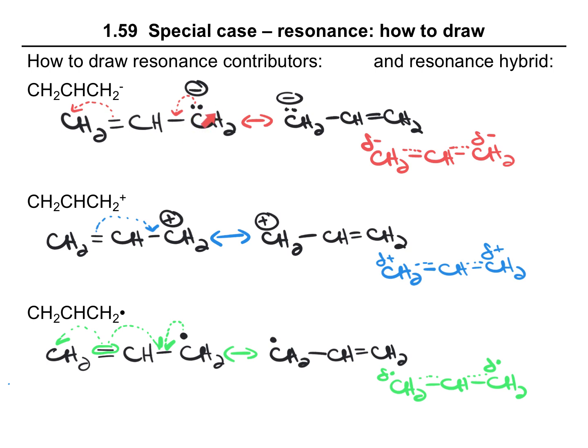This carbon here started out with 1, 2, 3 bonds, so it owns 3 electrons, and it owns this lone pair, so it owns 5 electrons, which gives it a formal charge of -1. In the end, this carbon now has 1, 2, 3, 4 bonds, so it owns 4 electrons, giving it a formal charge of 0.